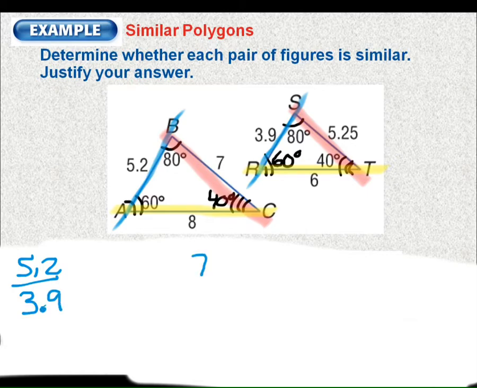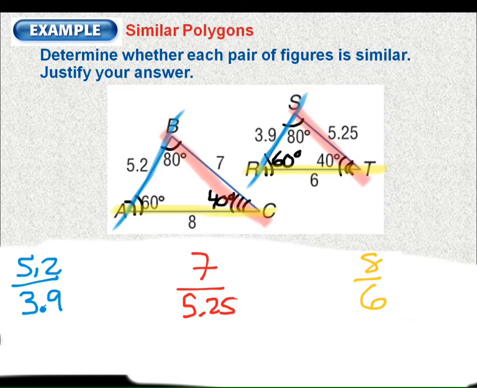I'm going to check 7 to 5.25, and I'm going to check 8 to 6. Everybody see how I did that? I always started with this triangle. So I'm going to check the ratio of those sides, the ratio of the red sides, the ratio of the yellow sides. And if all of these are the same, I know it's similar. If any of them are different, they're not similar because the sides aren't proportional.